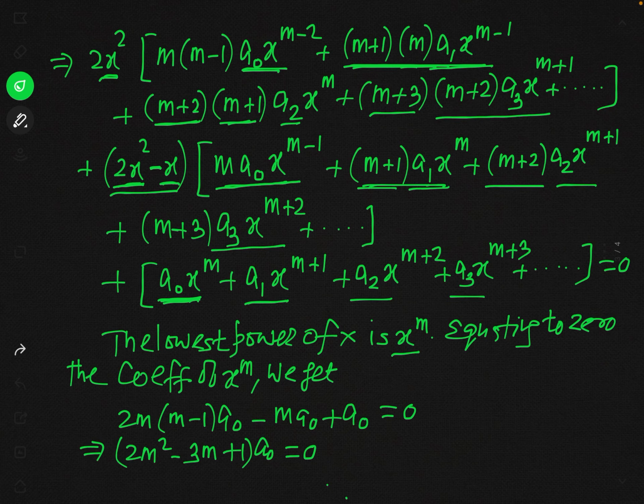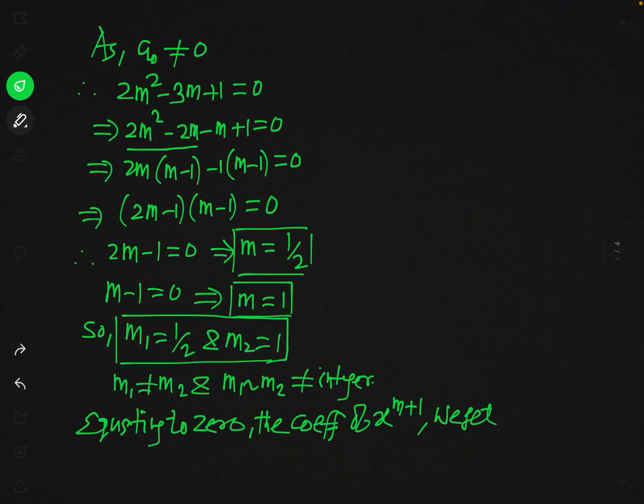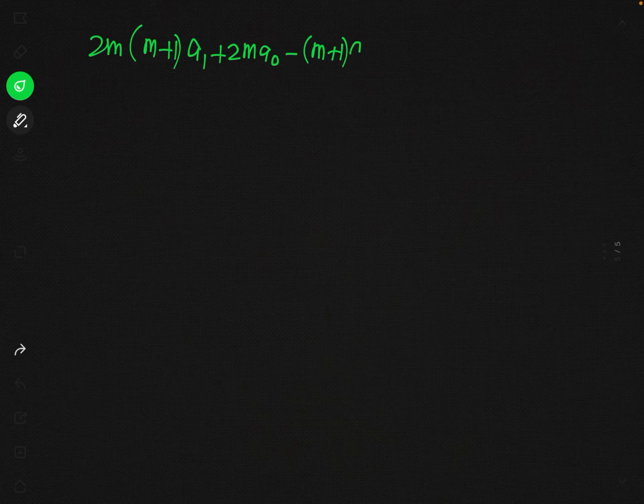So when we associate all these coefficients of x to the power m plus 1 and equate to 0, you can now write our equation: 2m into m plus 1 into a1 plus 2m a naught minus m plus 1 into a1 plus a1, and this will be equal to 0.